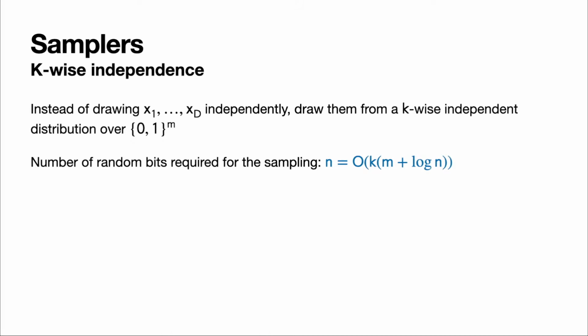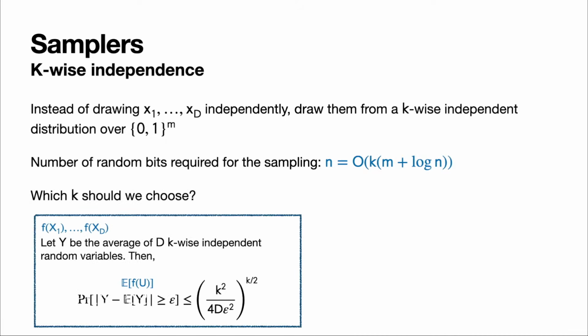We won't get this very nice n, but it will hopefully be something better than m times big D. The question is, which k should we choose? The algorithm is clear; we saw how to generate a k-wise independent distribution. So the answer is just which k should we choose?